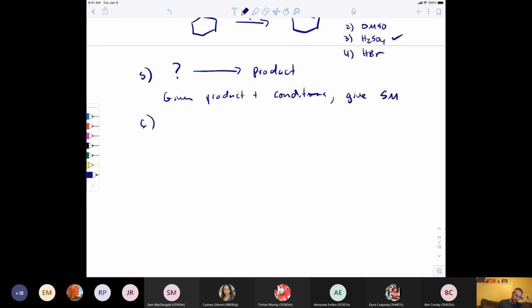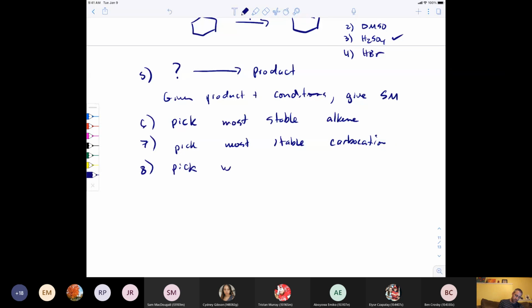6, there'd be stability, like pick most stable alkene out of a group of alkenes. 7, pick most stable carbocation. 8, pick which carbocation can rearrange.